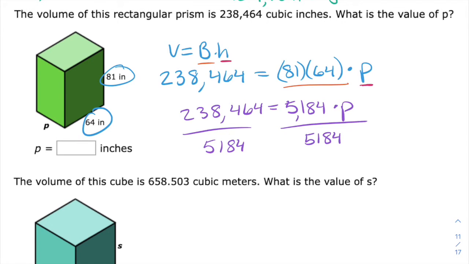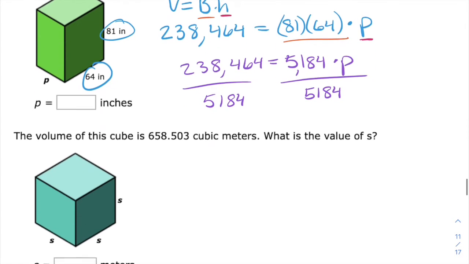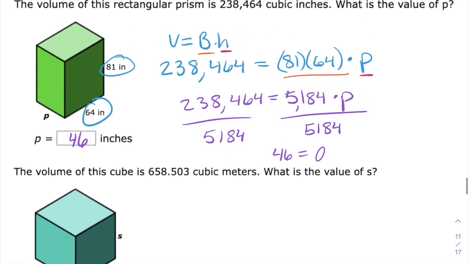So 238,464 divided by 5,184 is equal to 46, so 46 equals P. So P would have to be 46 inches for this particular problem, for that particular base of 5,184 to work.